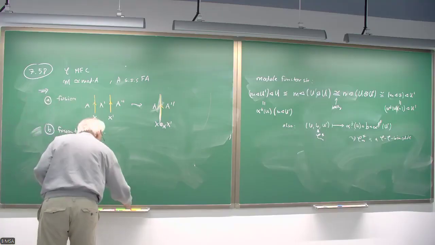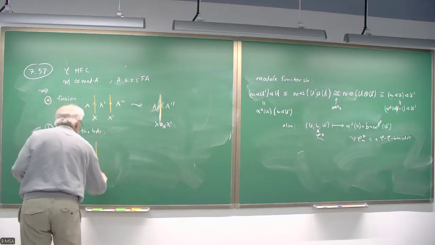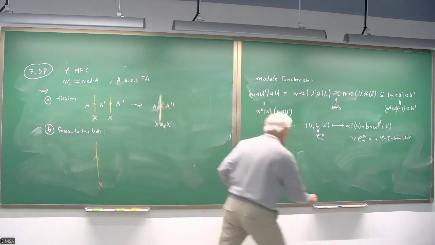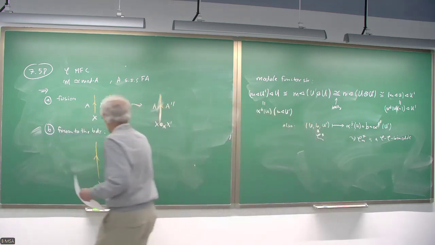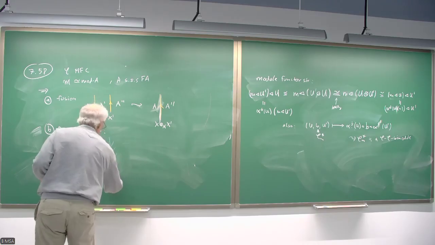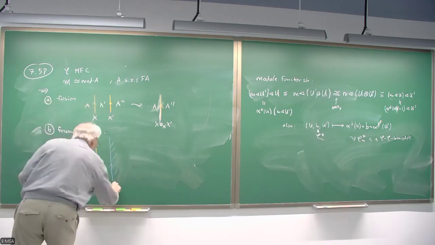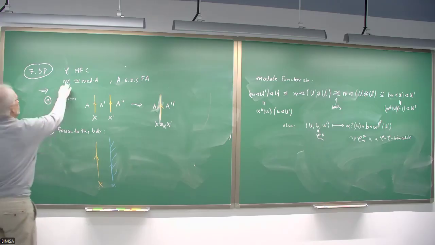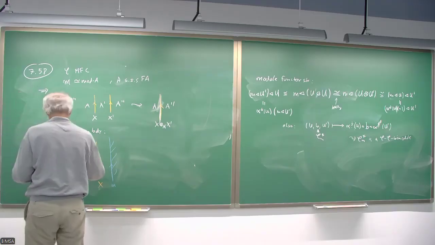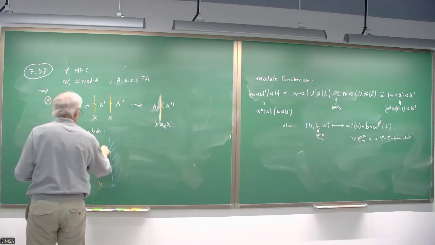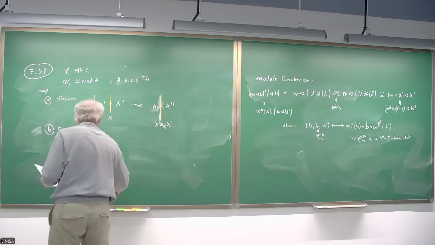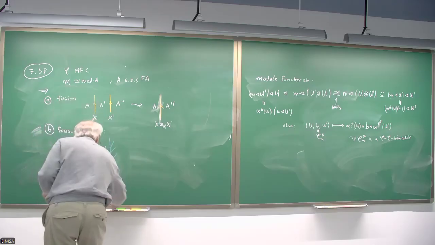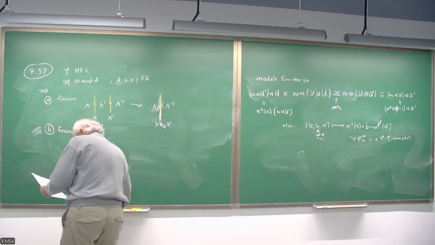If I have a defect, and here a segment of the boundary, let me indicate this in this way. And remember, the boundary conditions are labeled by objects in the module category M. Then I would have this situation. Maybe I should write N prime, but now it's an N prime module.